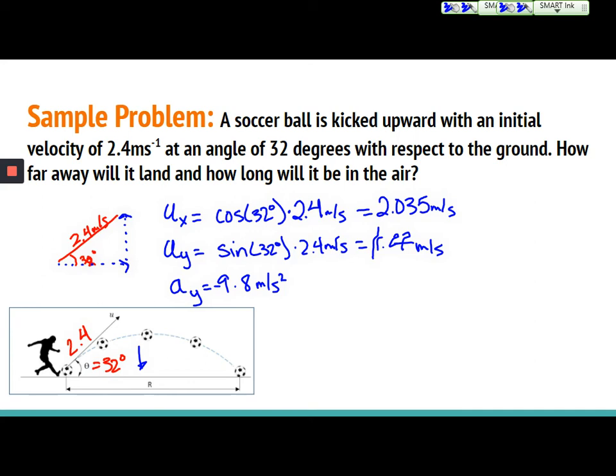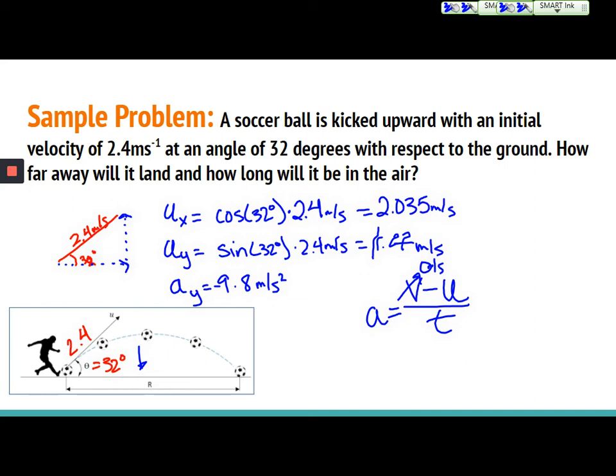So when you solve this equation for velocity, and you go for the velocity equals 0, that's going to be half of your trip, and you can just double it because it'll come back down in the same amount of time. And so we can just double this.